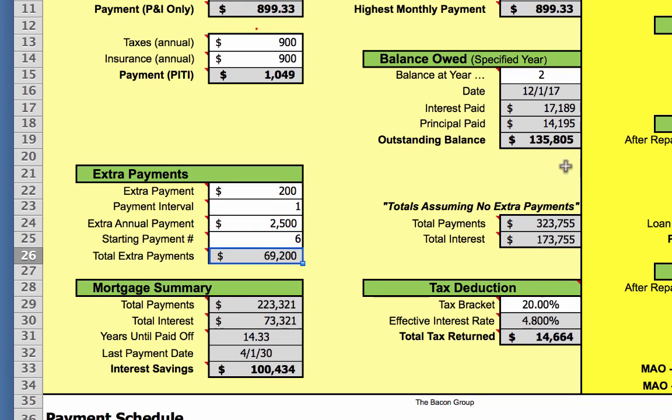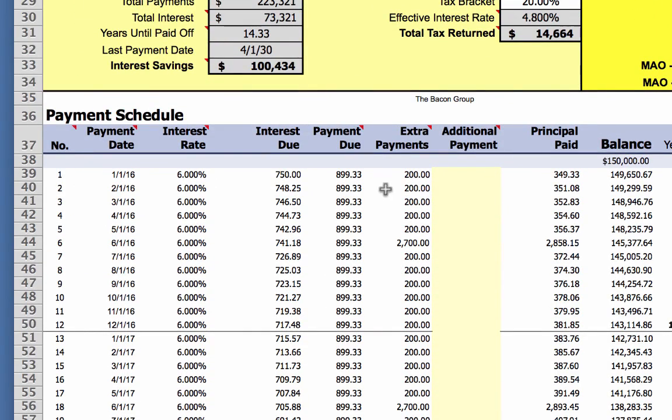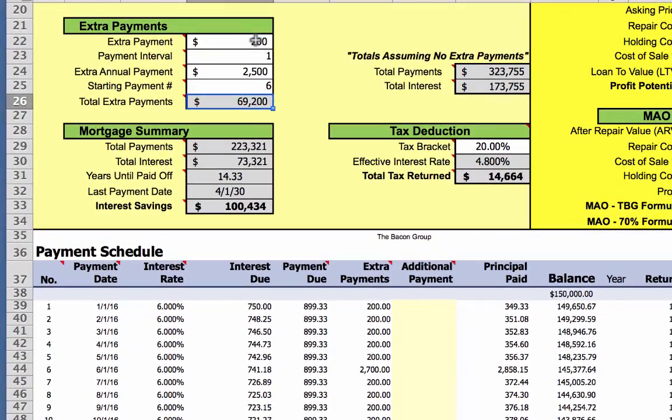Again, the payoff changes, interest savings. If we look at the payment schedule, you'll see where we made $200 a month. We added the $2,500 lump sum. We can go back just to lump sums. I think that's fairly clear.